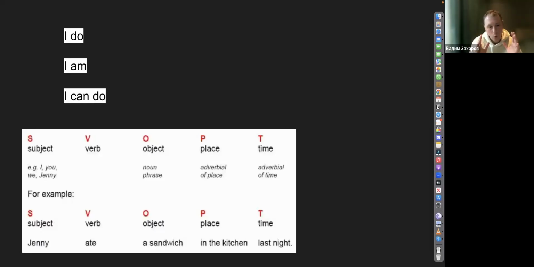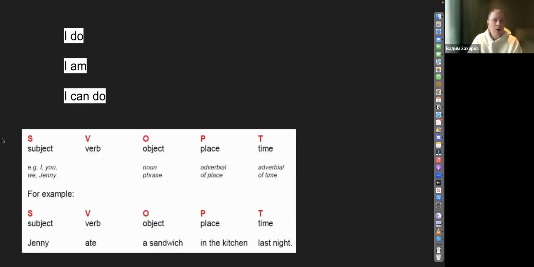When I add more basic pattern constructions to the list, my speech is growing and I can cover more situations. I can give you more details when I speak. That's how it goes. Okay. This is what you need grammar for. So here is an example of how grammar works. Here you can see subject, verb, object, place, time.